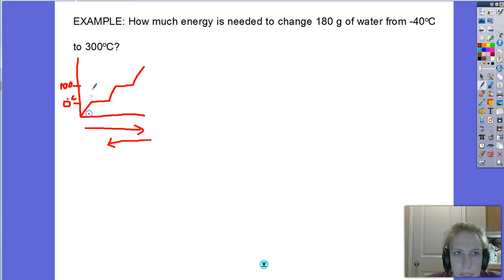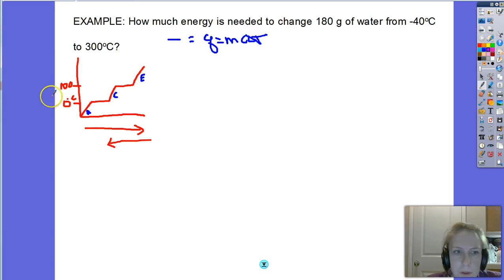So I'm going to label these. I'm going to actually use a different color. So we'll have A, this slope's going to be C, and E. So the blue is going to be our Q equals MC delta T equations.